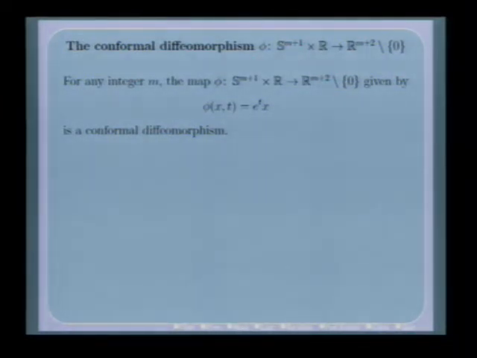So this product space is conformally flat, and this makes us think that our problem is already solved even before we start to think about it. Because it's well known that a conformal diffeomorphism preserves umbilical submanifolds. So umbilical submanifolds of this product space are just images of round spheres or affine subspaces by the inverse of this map.